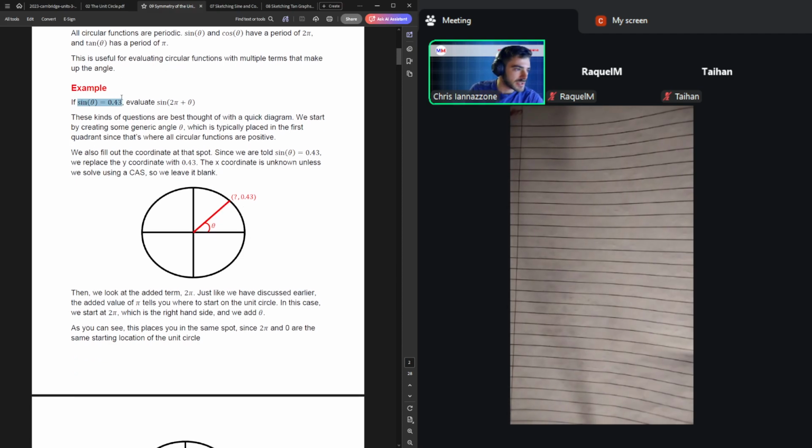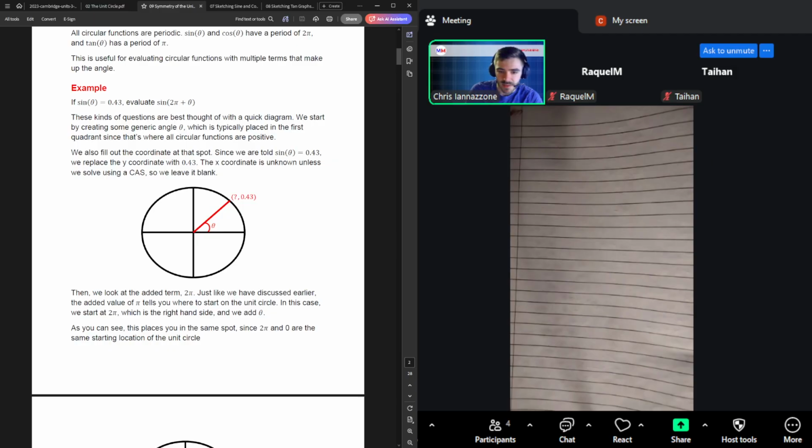So we have this known value, sine theta equals 0.43. We can draw a quick little diagram to represent what we have there. We don't necessarily know what theta is in this case, but we do know that it gives rise to a positive sine. So it could technically be in any of the top quadrants, but just for convenience, we can usually, in fact in pretty much every case, draw what's referred to as our reference angle in that first quadrant.